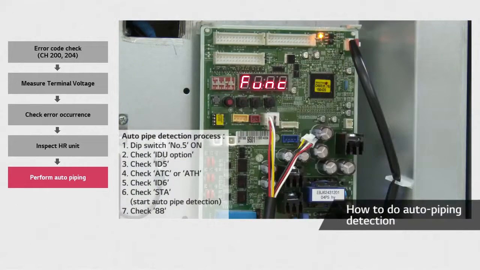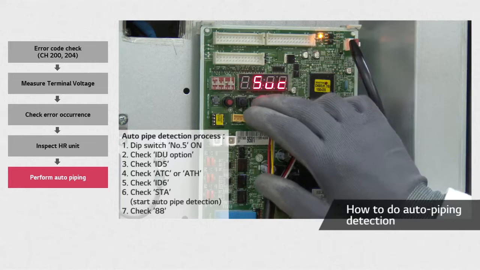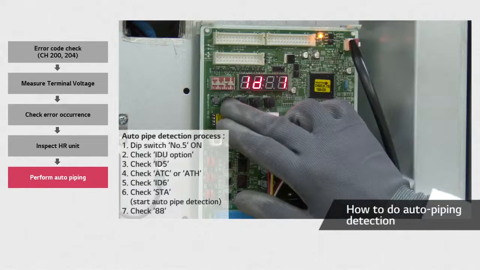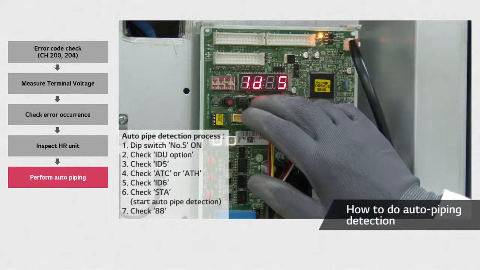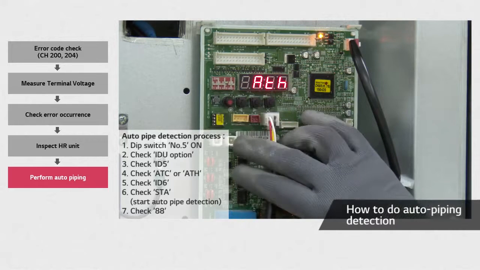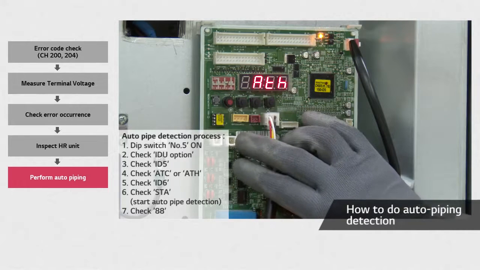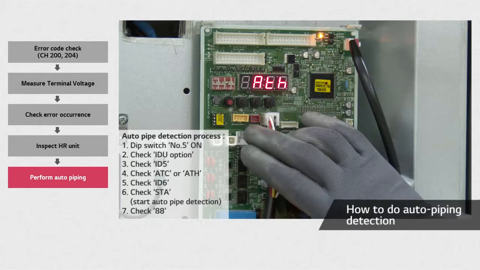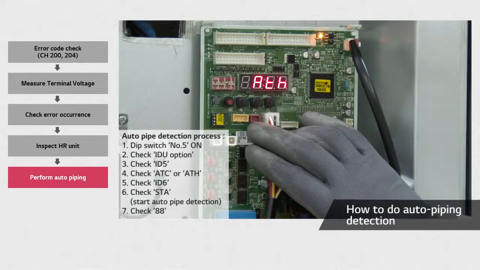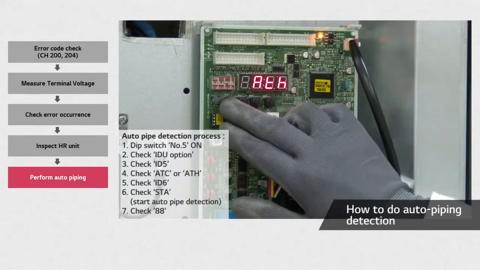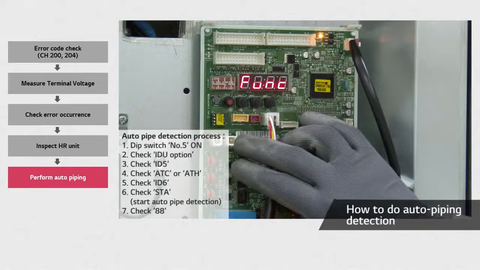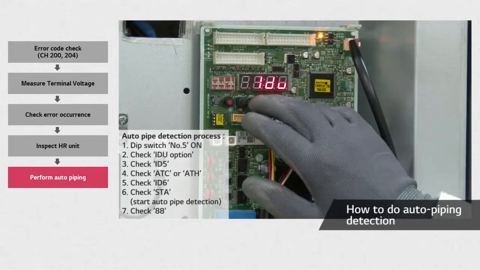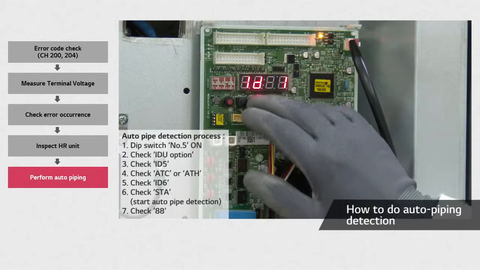After adjusting the HR unit dip switch according to the IDU number, you will need to perform auto pipe detection. To do this, turn on the dip switch, and after selecting the indoor unit number, select ID5. If the ambient temperature is below 15 degrees, ATH will show up.